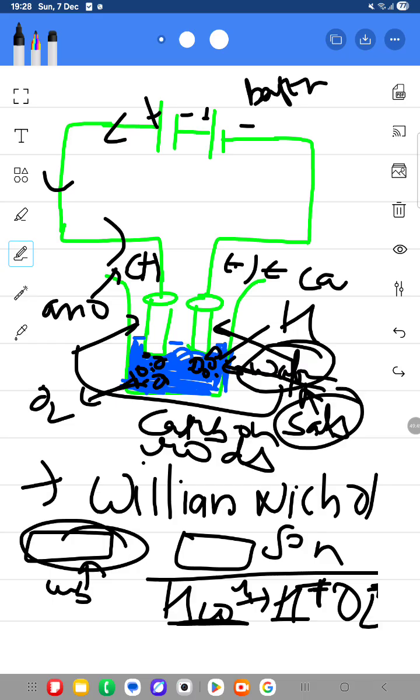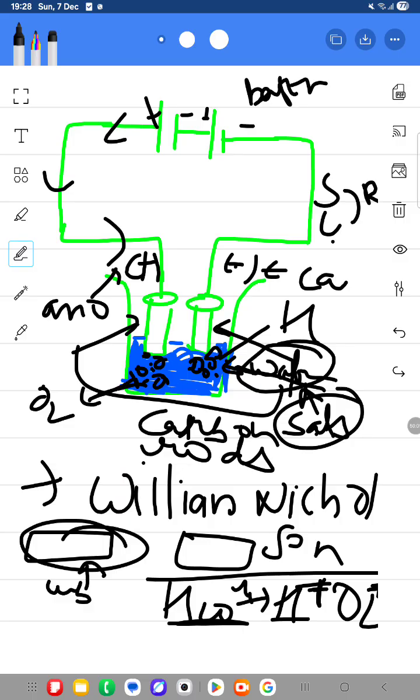Then you will think about the charges: we have studied that same charges repel each other and unlike charges attract each other.